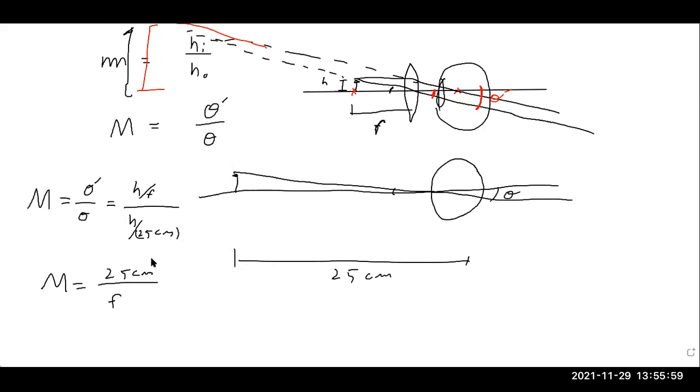Or if you don't want to assume the average eye, n over the focal length, where n is your near point, or the closest distance to your eye that you can clearly focus on something.